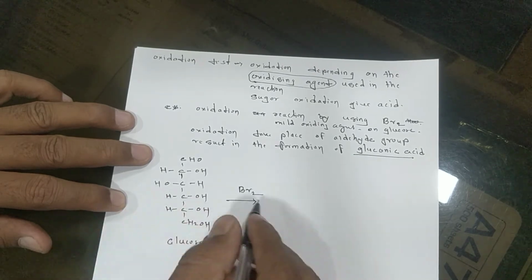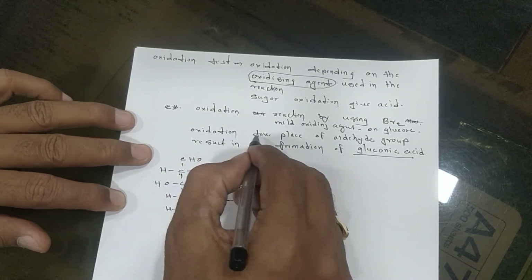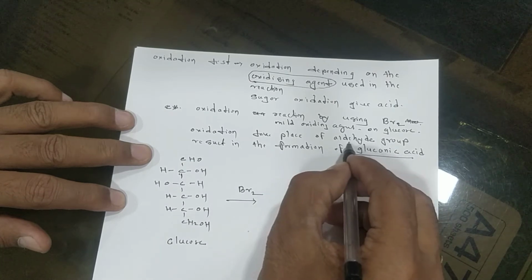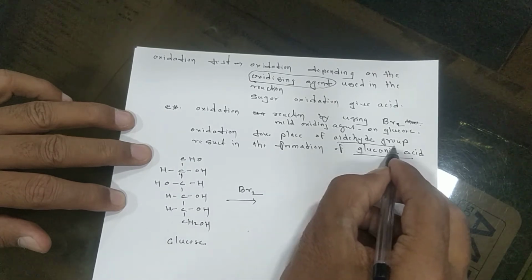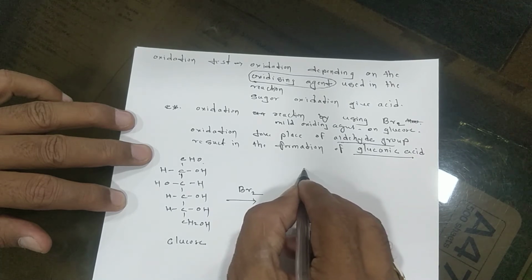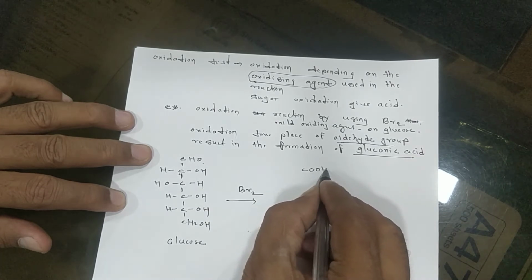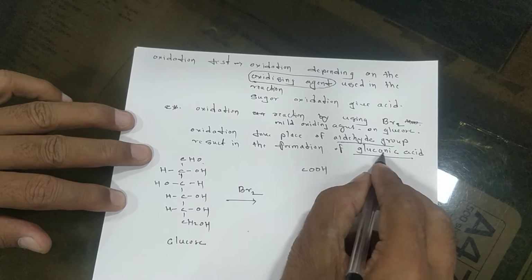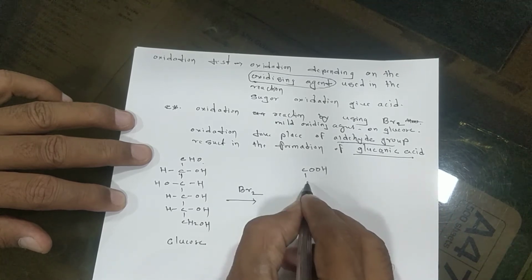Br2 is mild. Oxidation takes place in the glucose aldehyde group. Now that aldehyde group is changed, which gives the gluconic acid. Now this is a change.